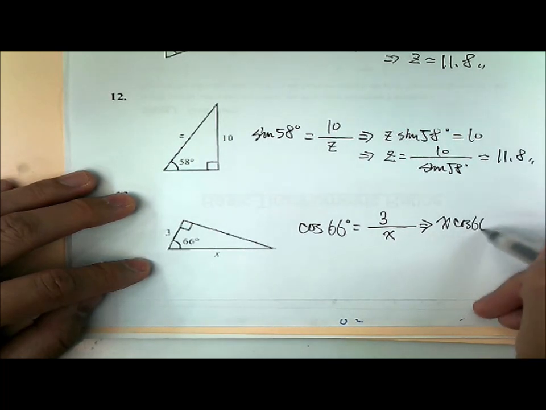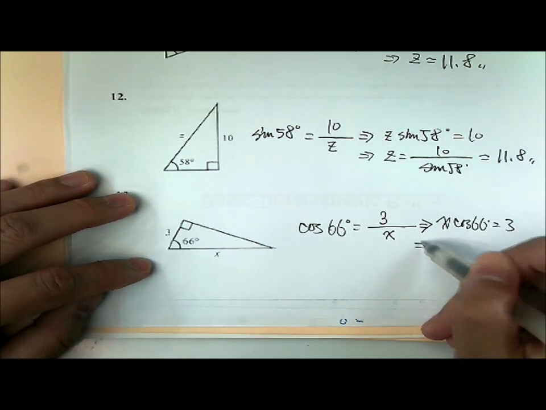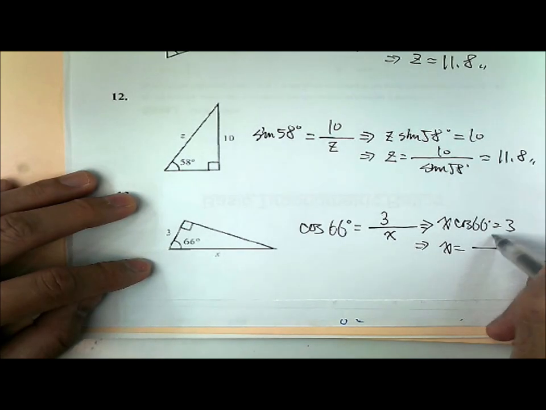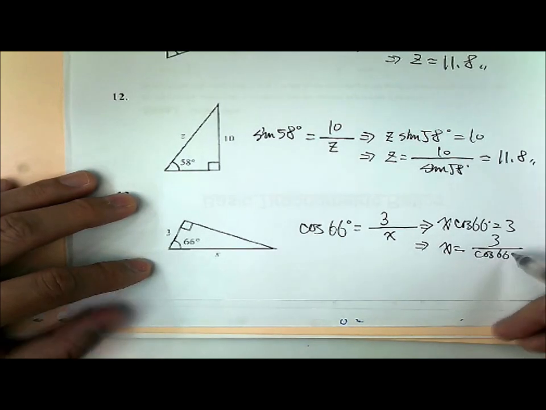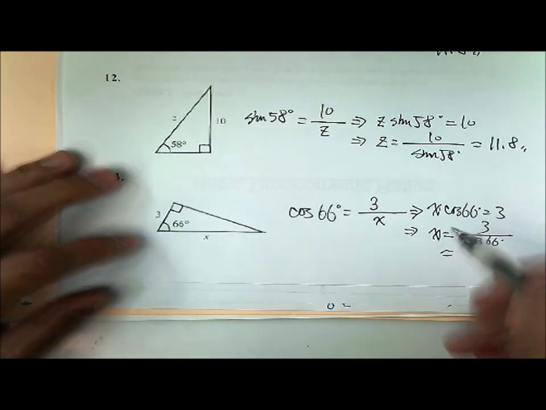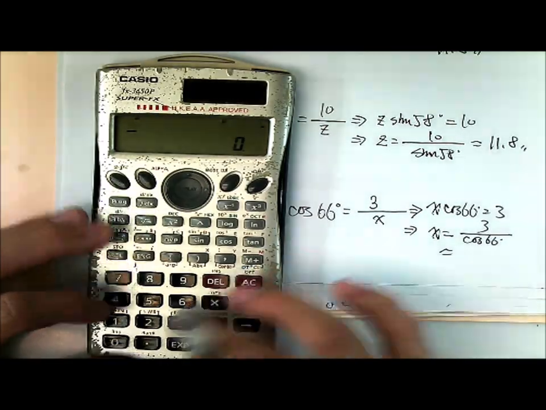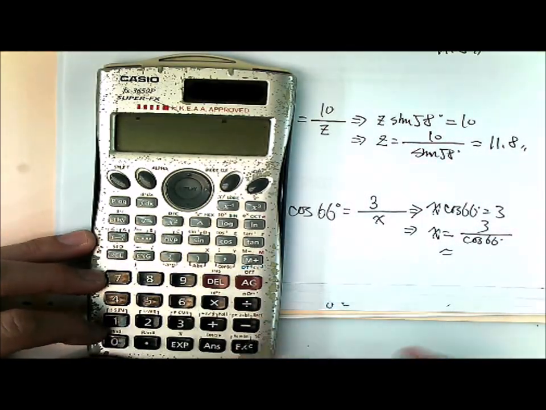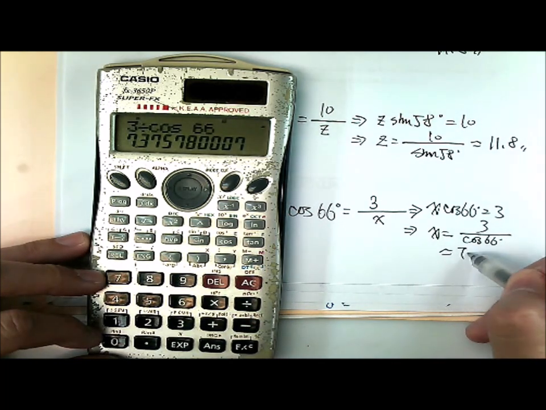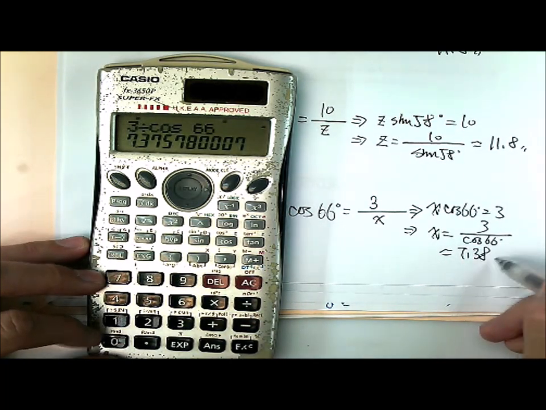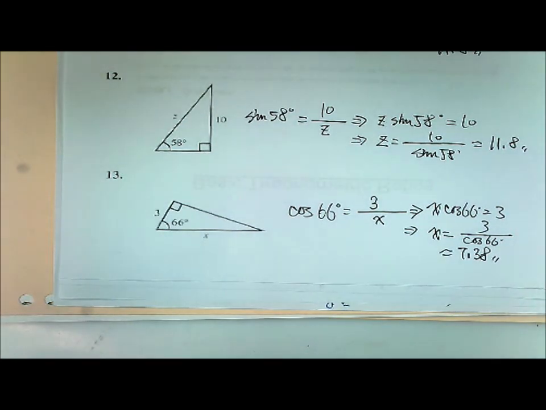You have this, okay? And then x will be equal to 3 divided by cosine 66 degree, okay? Go to your calculator. You got 7.38, okay? 7.38. Understand? So I'll keep doing.